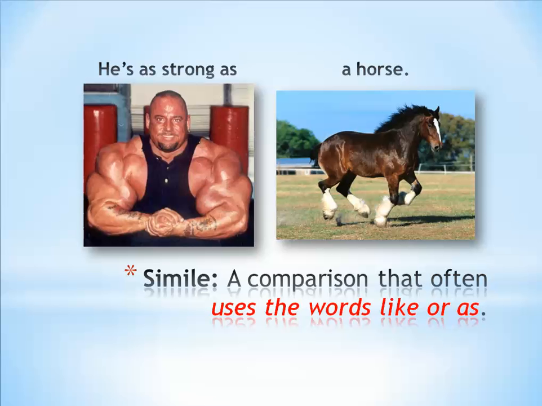He's as strong as a horse. Okay, so you have two things that are very unalike. You have a man and you have a horse, but clearly he's strong and a horse is strong. So when you compare those two, you get an idea of how strong this guy is. He's as strong as a horse. So when you use the words like or as, you're using a simile.